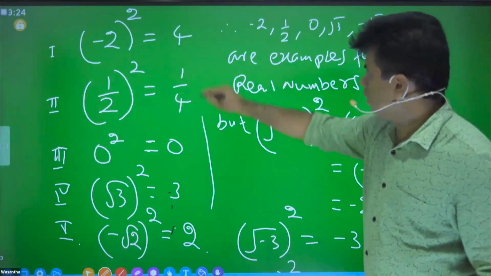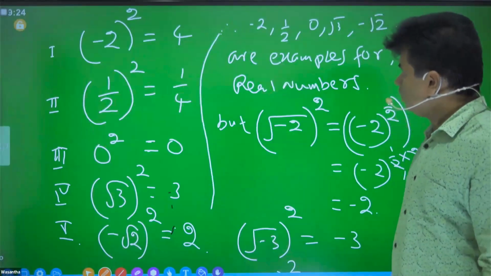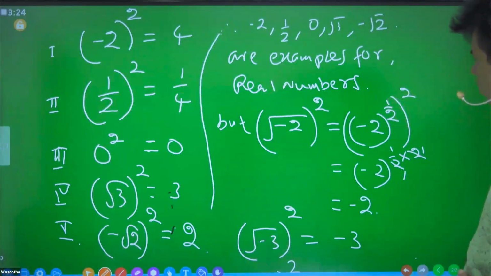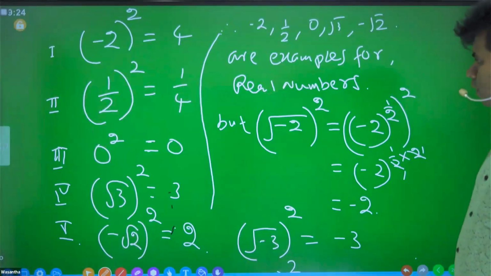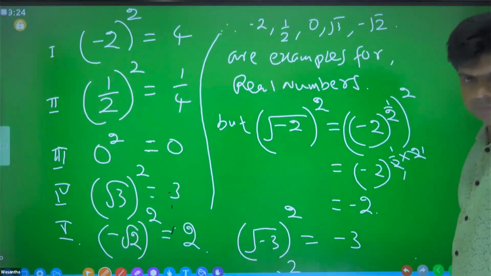Then after that, you can write here: therefore, -2, half, 0, √3, minus √2 are examples for real numbers.